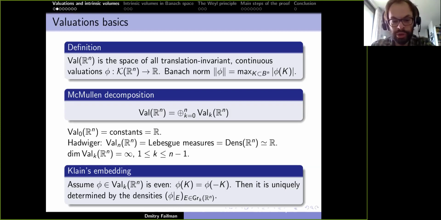So when you restrict to a k-dimensional plane, by this theorem of Hadwiger, you'll be getting just some Lebesgue measure on this plane, right? It's k-homogeneous on a k-dimensional plane. The collection of all those Lebesgue measures uniquely determines the valuation.